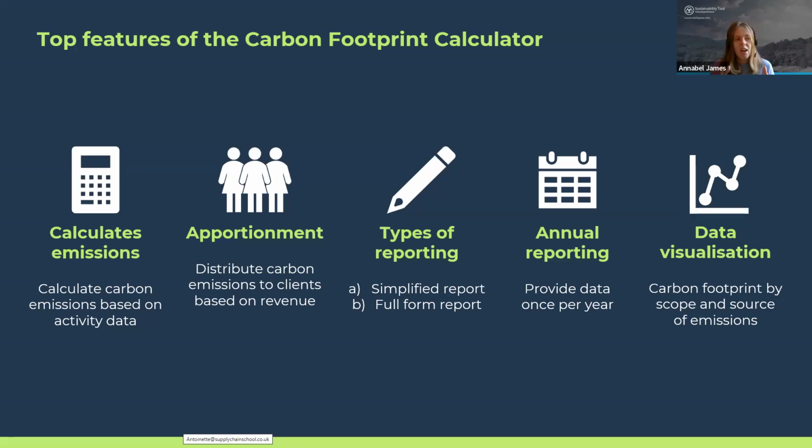And then the key principle of it is what I've referred to as apportionments. That's distributing carbon emissions to your clients, and that's based on revenue. So this report's going to be for 2024, and what you do is you calculate what percentage Octavius represented of your 2024 turnover, and then you'd apportion that percentage of your emissions to them.